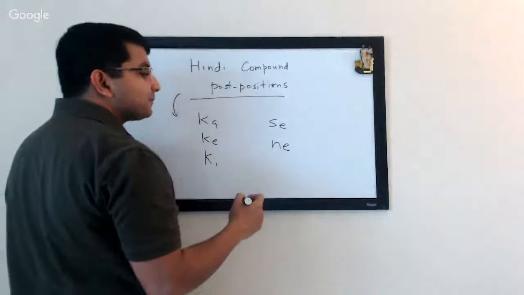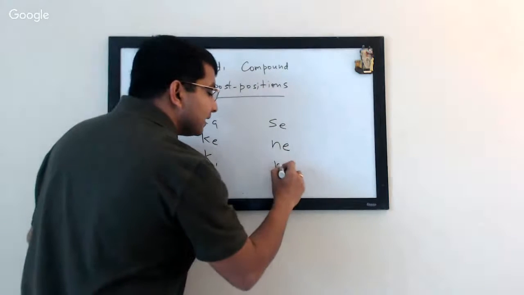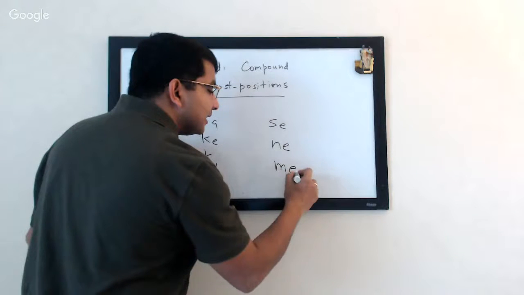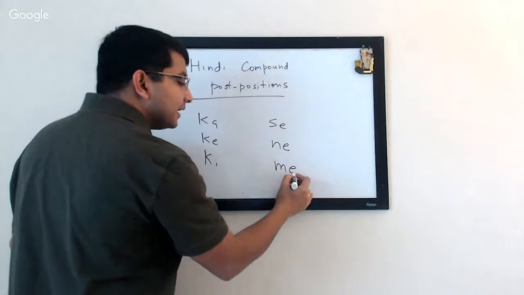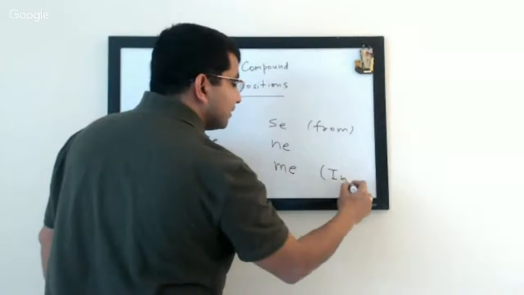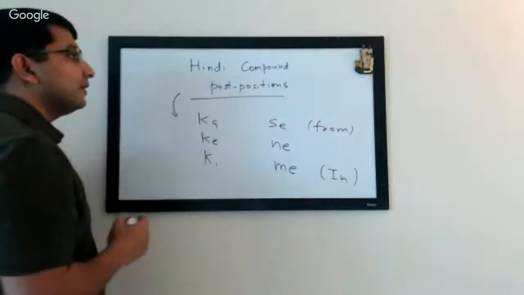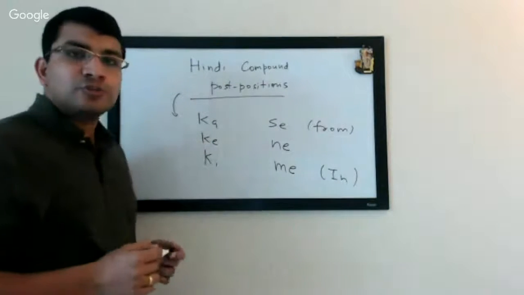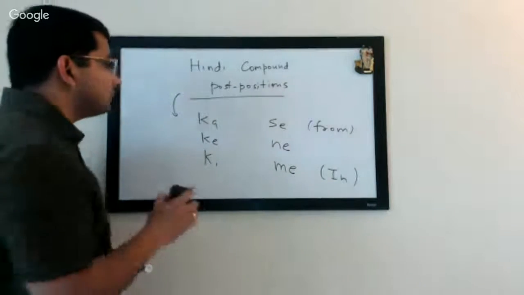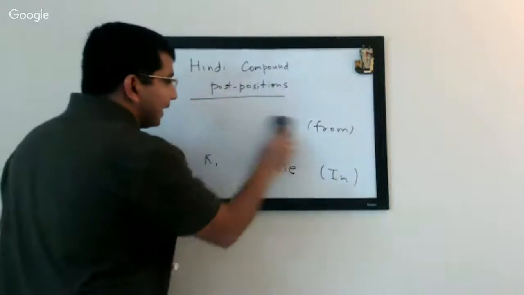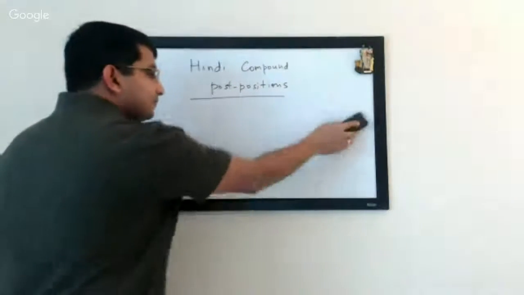Similarly, mein, like Delhi mein, Paris mein, in, right? So these are basically post positions. But when we talk about compound post positions, along with the post position you are adding some more keywords, right?